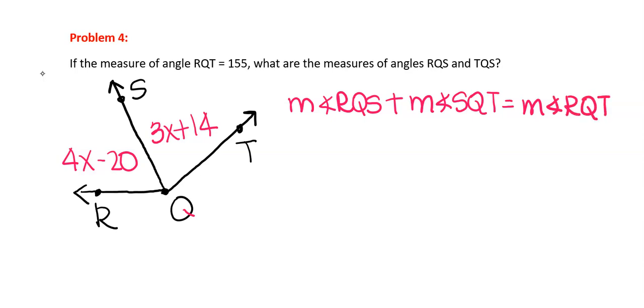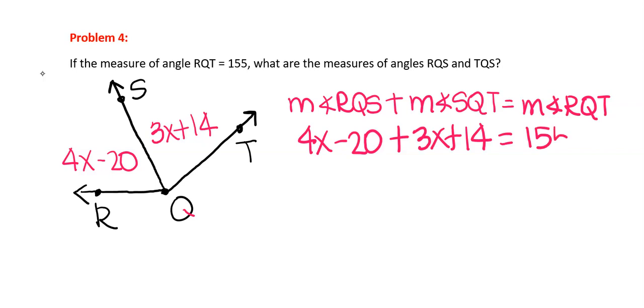If we substitute each of those parts in, the measure of RQS is 4x minus 20. The measure of SQT is 3x plus 14. And in the directions, it told us that RQT is 155.